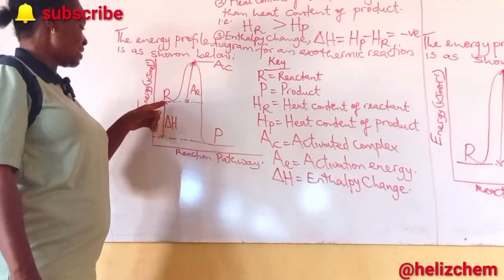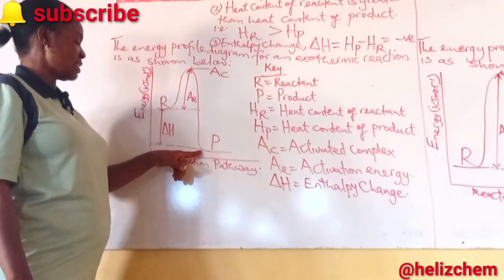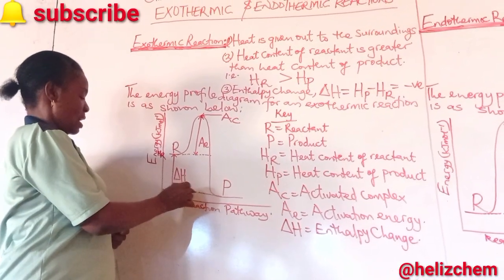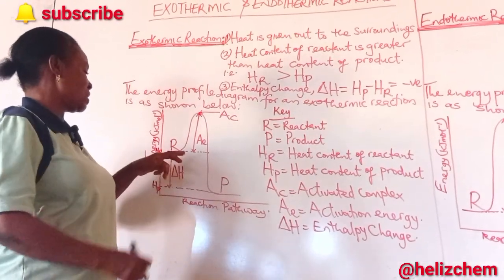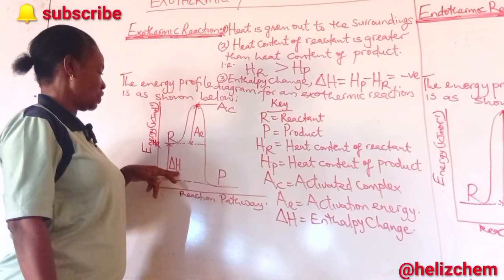We can see that heat of reactants is actually greater than heat of products. This is HR and this is HP. So the difference between these now is what we call delta H.